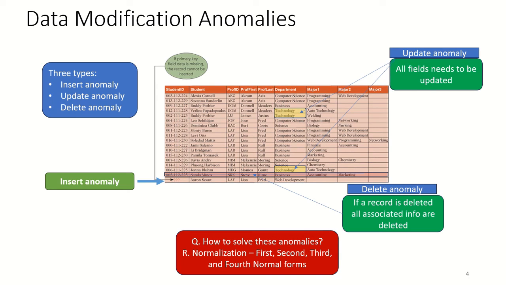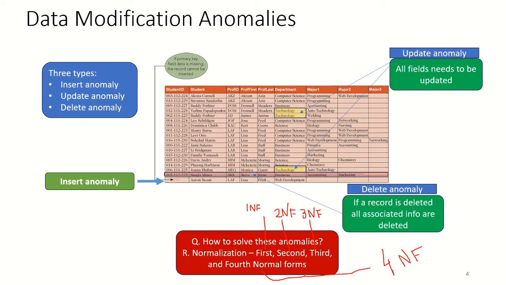The first normal form is usually written as 1NF. The second normal form is written as 2NF, as I am writing here. The third normal form is written as 3NF, and the fourth one is written as 4NF.